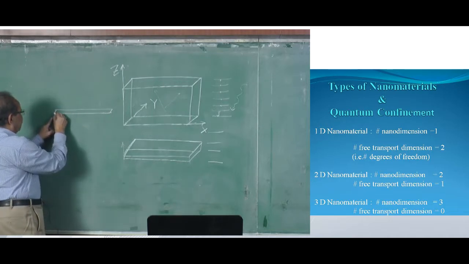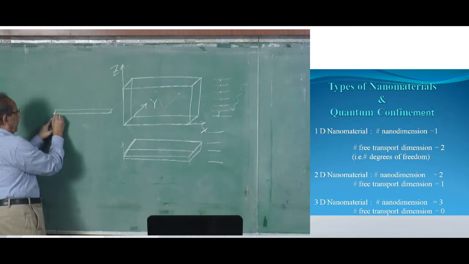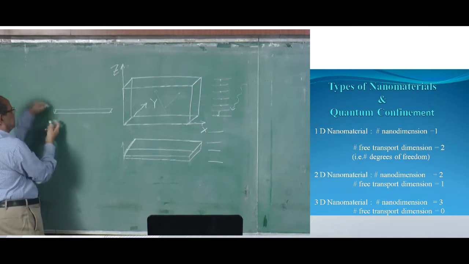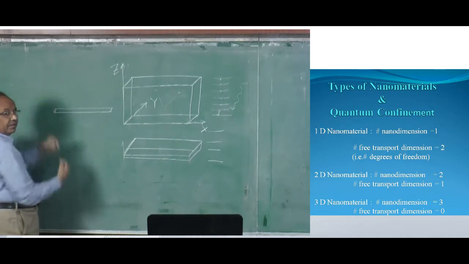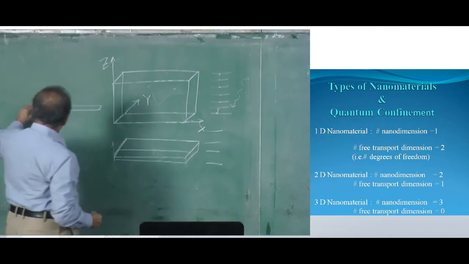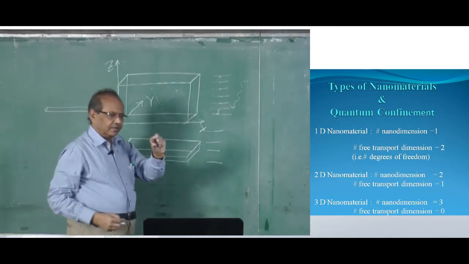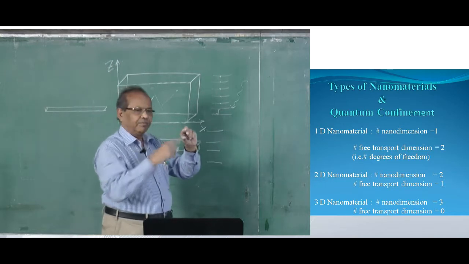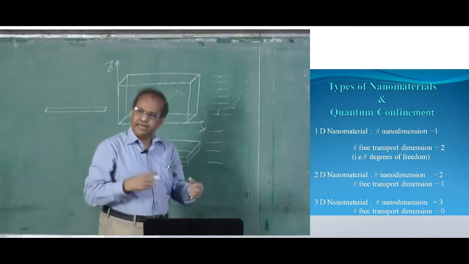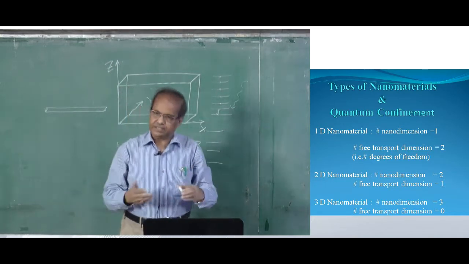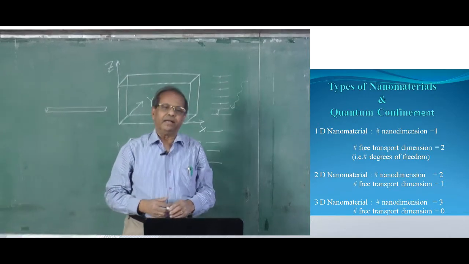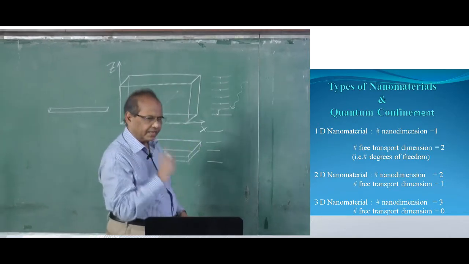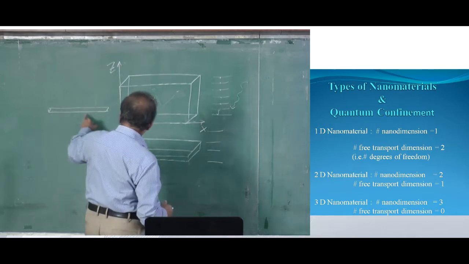The y direction is very restricted, and the z direction is also restricted, this height. So you see that the electron movement in the z direction is restricted. The electron moving in the y direction is also restricted. And the electron can move very freely only in one degree of freedom, that is in the x direction.